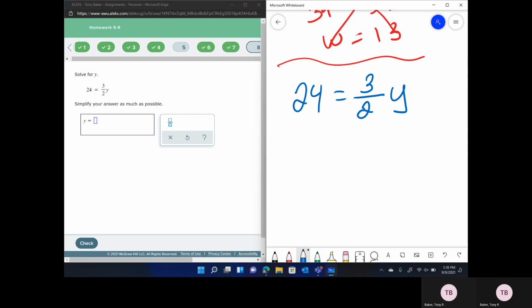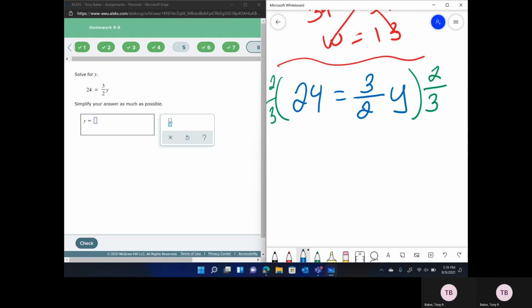You can do this in 1 step or 2 steps, basically. All right. So I believe the way that Alex shows you is multiplying by its reciprocal. So you multiply both sides by 2/3. I believe that is how Alex shows you to do this. All right, which is fine.